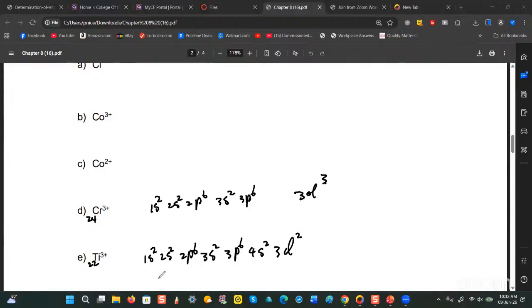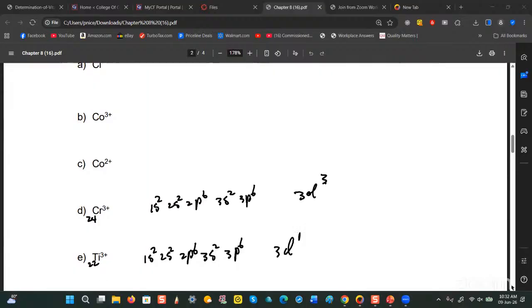So that's titanium. How do we get from titanium to titanium 3+? You take away 4s2, and it's going to be 3d1. Exactly. So this would be the electron configuration of titanium 3+. That's basically how you do that, all right?